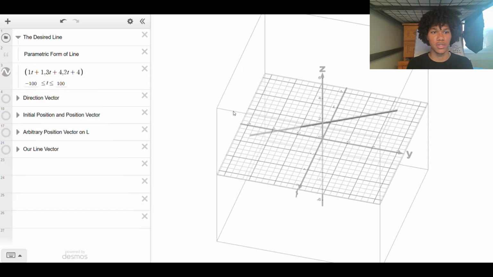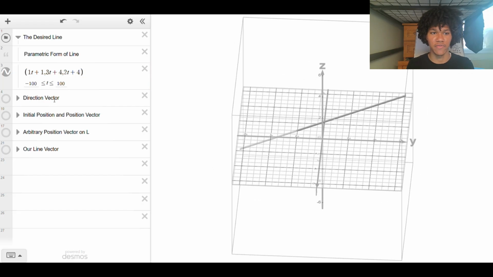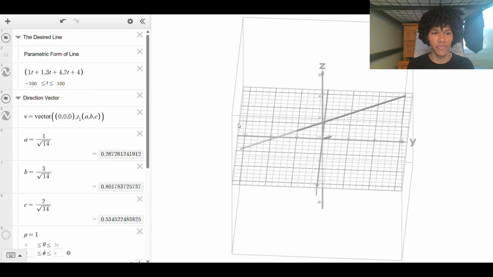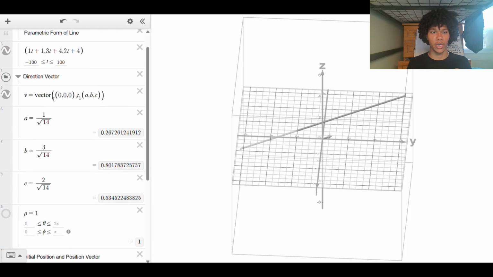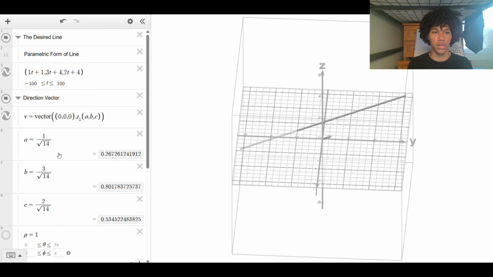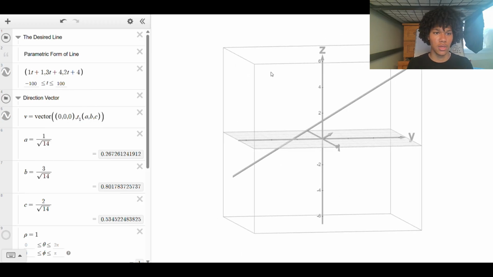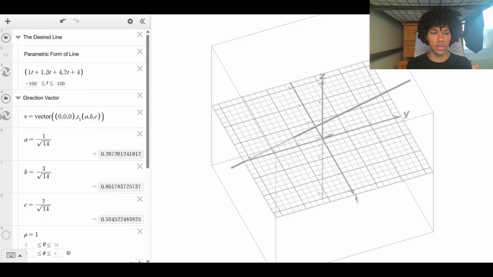So notice the first thing I'm going to do is connect the direction vector. If you look at each of the coefficients of t in our parametric representation, we have 1, 3, and 2. Those correspond to the x, y, and z points. Remember, our direction vector is 1, 3, and 2. So that's where the direction vector shows up in our equation. Next thing, we have our initial position.